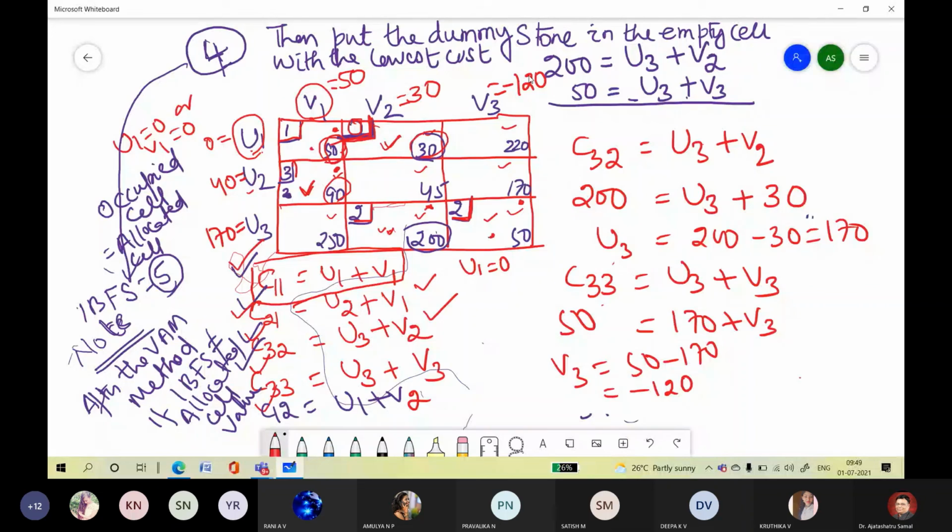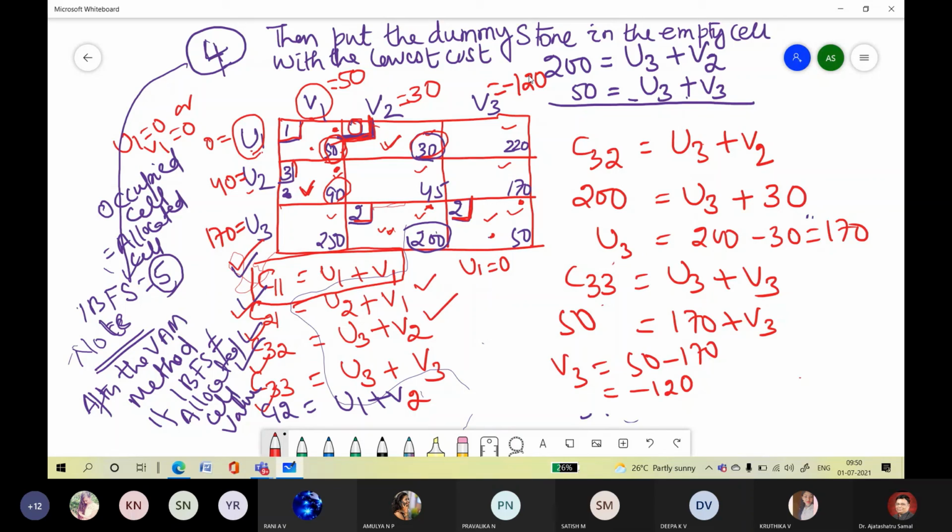This is called the fourth step. Fourth step we completed. Step 1, balanced transportation problem. Step 2, IBFS rule. Step 3, VAM method. Step 4, UV variables. I told you how to calculate UV variables. If IBFS is not equal to the allocated cell value, you have to add a dummy cell with the least cost value.